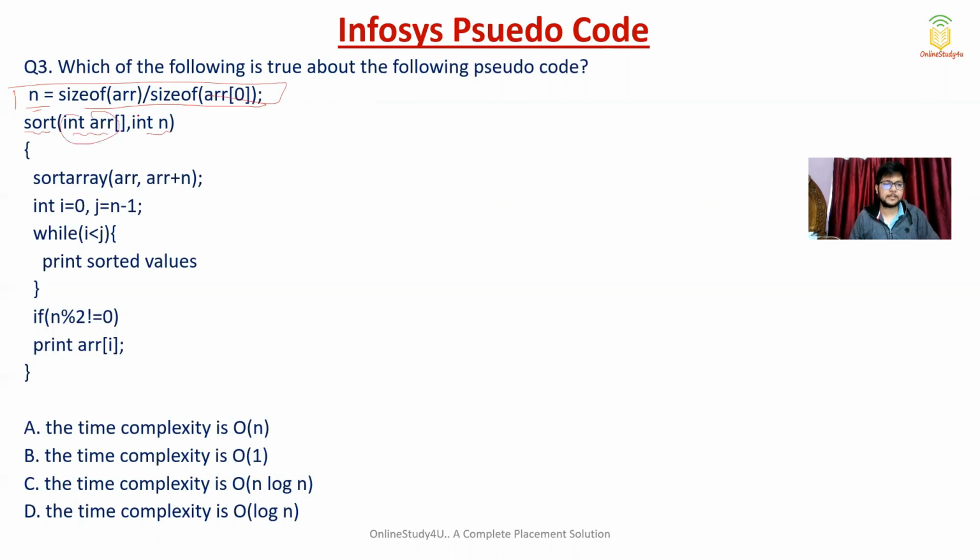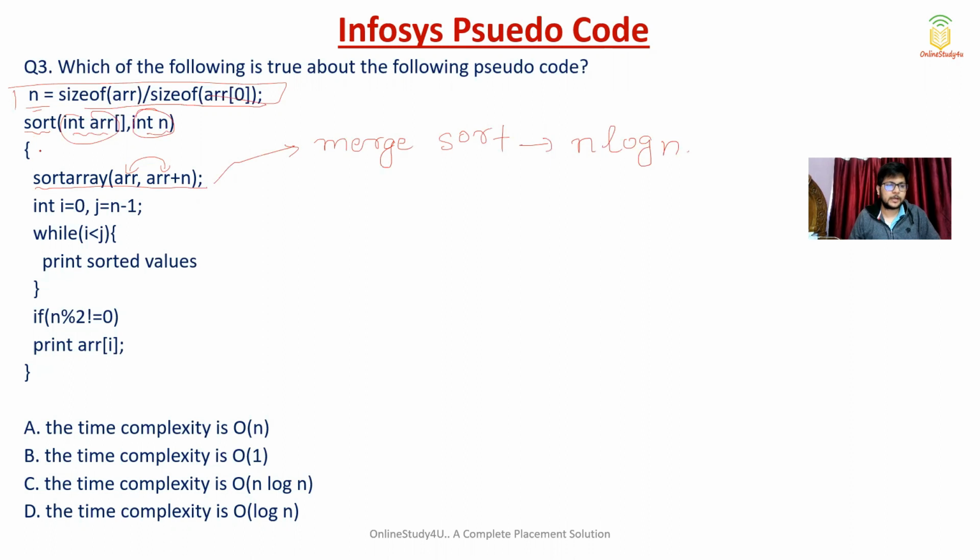The array is passed and the size of the array is passed. And then I use sort array arr plus n. Those of you who know it will know that this function uses merge sort, and the time complexity for merge sort is n log n.